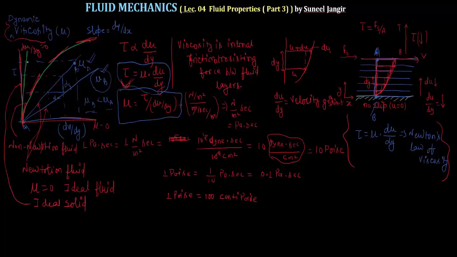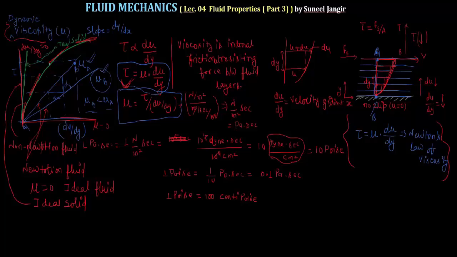This type is defined as a real solid, because when you apply force, there is a little movement between the layers. Definitely for every material there is a limit of force after which the solid will start to deform, but that deformation for a solid is not termed as flow.